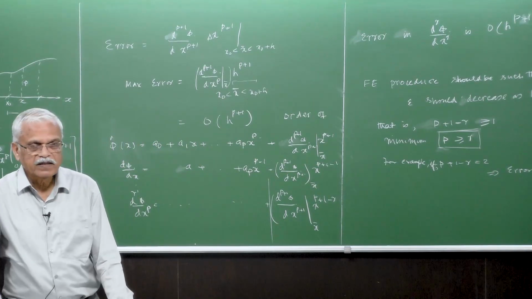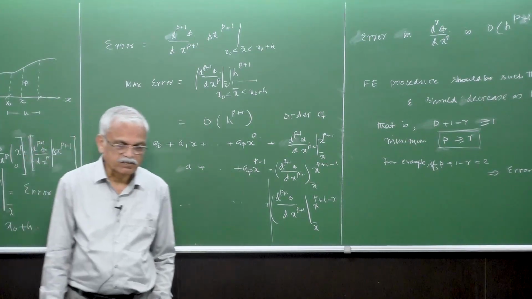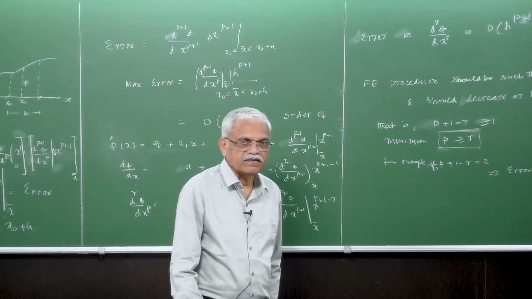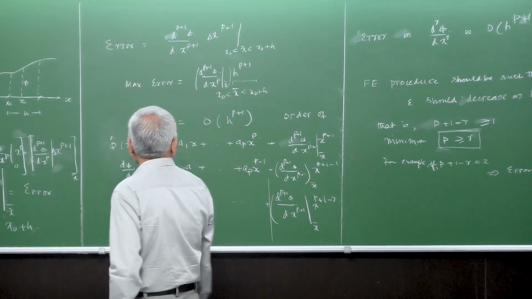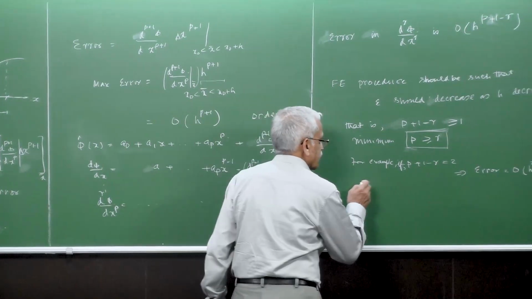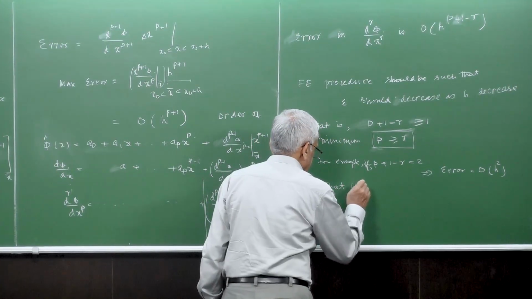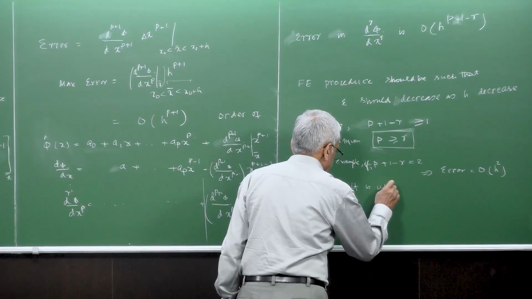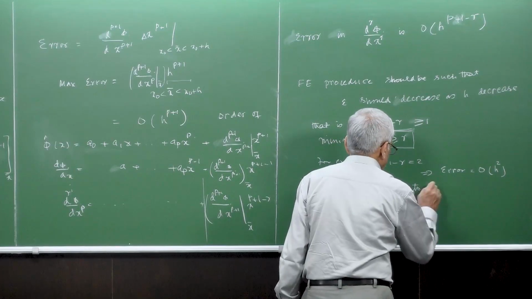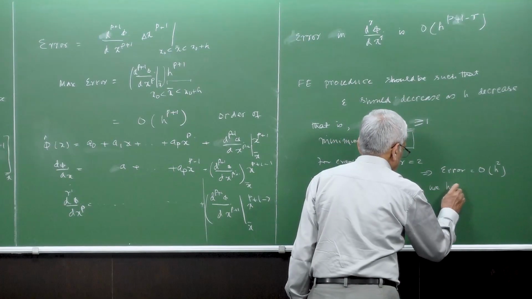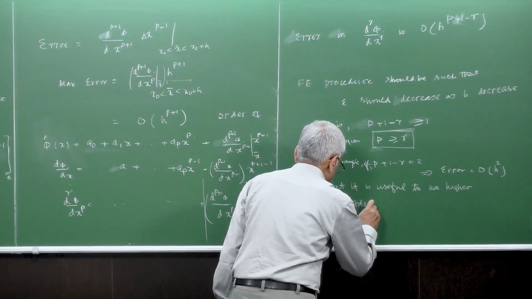If the element size reduces to half, it's half to the power of 3, so 1/8. So the error will reduce by 1/8. This is much faster, so that way it is useful to use higher order approximations.